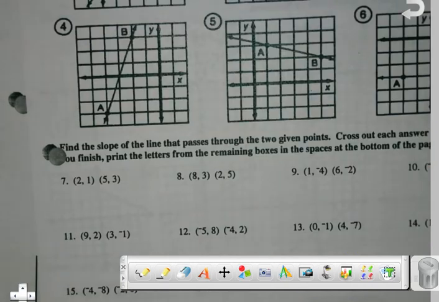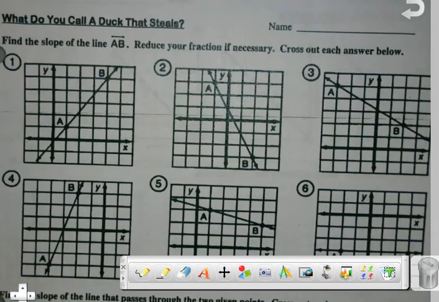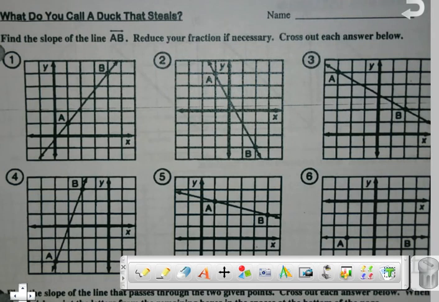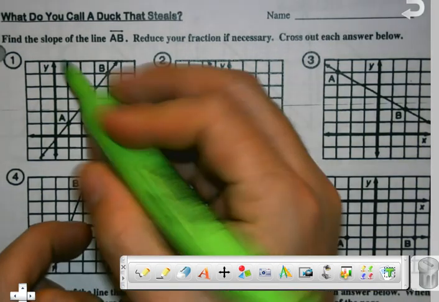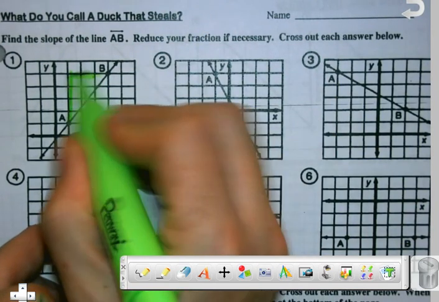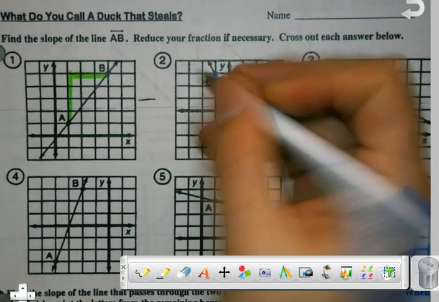So, this sheet that we're going to do is our assignment that goes along with it. Okay, find the slope. Reduce the fraction if necessary. Cross out the answers below. Now here they even give me the dots. So again, when I'm doing slope, remember, it's your up or down number that goes on top.